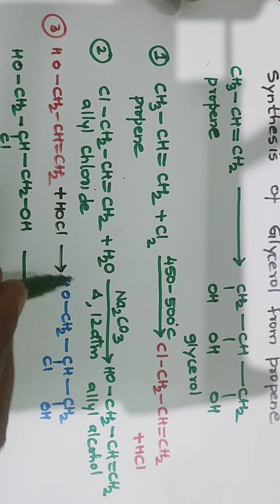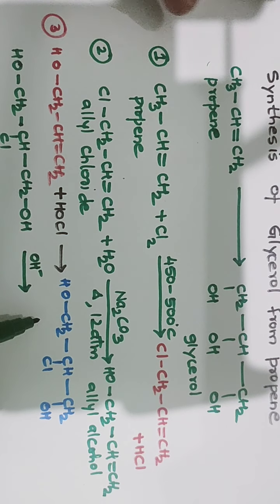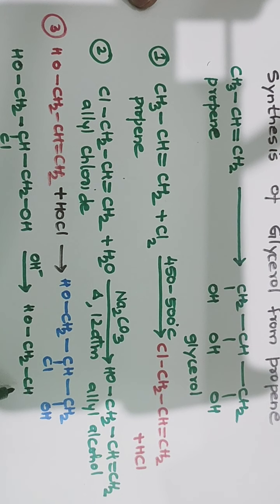So what is done is it is subjected to hydrolysis. So what happens is this OH minus replaces this Cl, and you end up getting this compound OH CH2 CHOH CH2OH, and this molecule is glycerol.